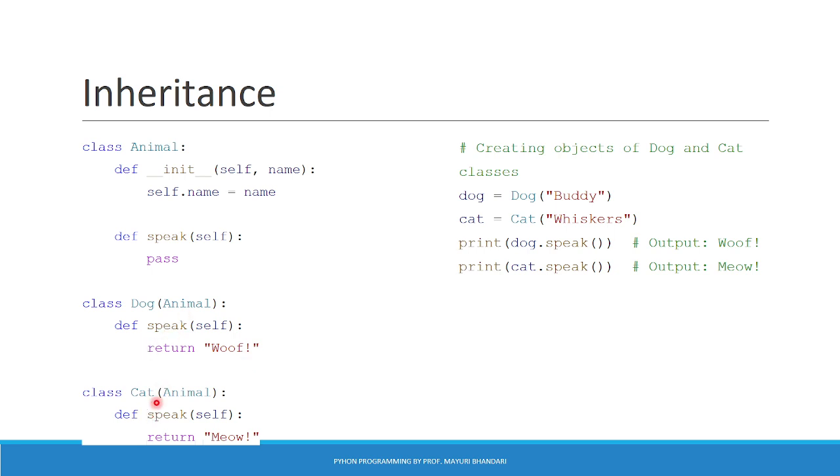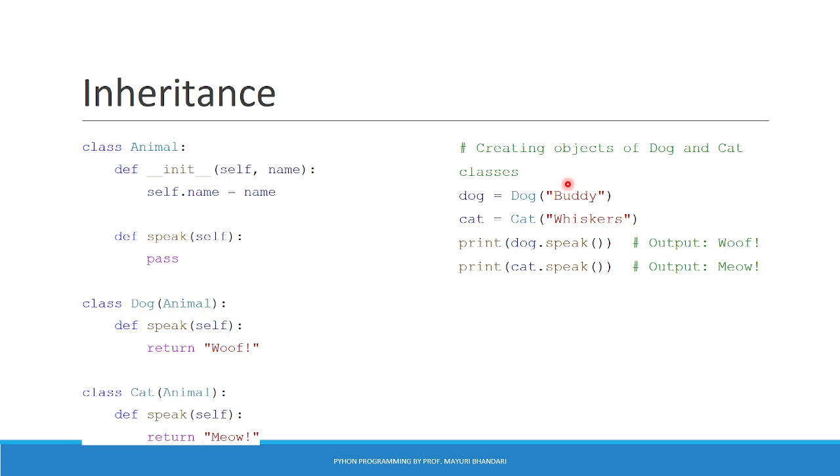Just like that we can create one more class derived from Animal: Cat, with Animal in brackets, and again we are redefining the same method. This is called overriding. The same method from the parent class we are redefining in the child classes, and in the definition we are giving different messages.